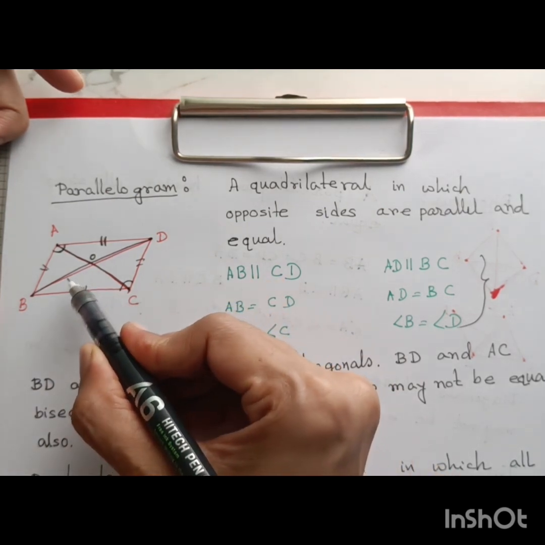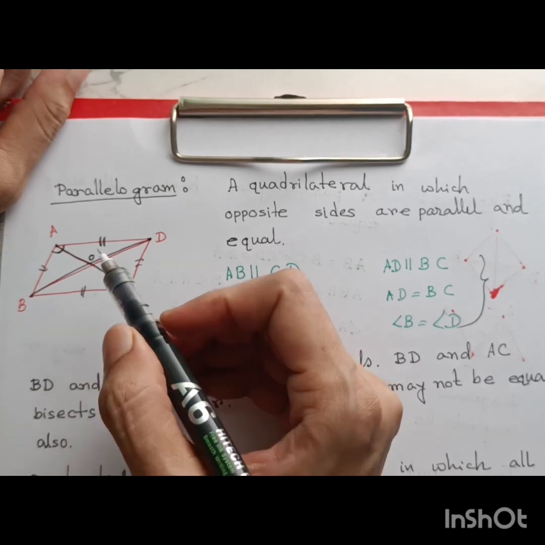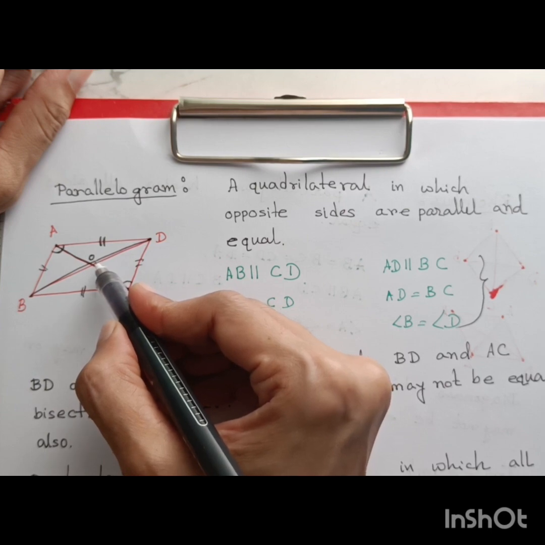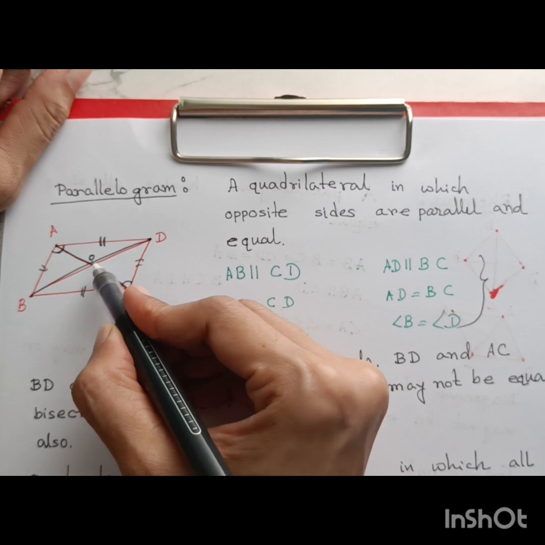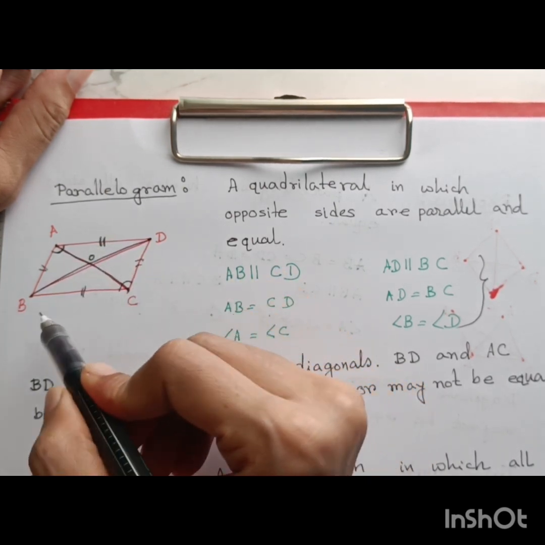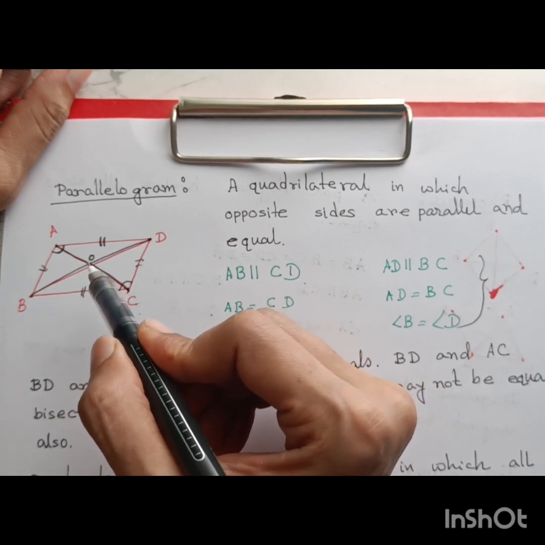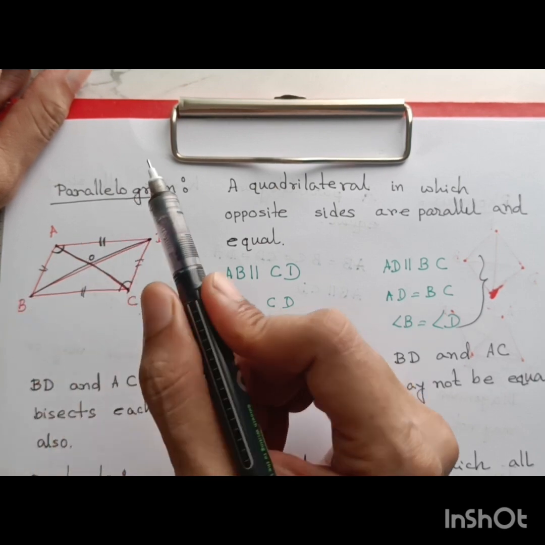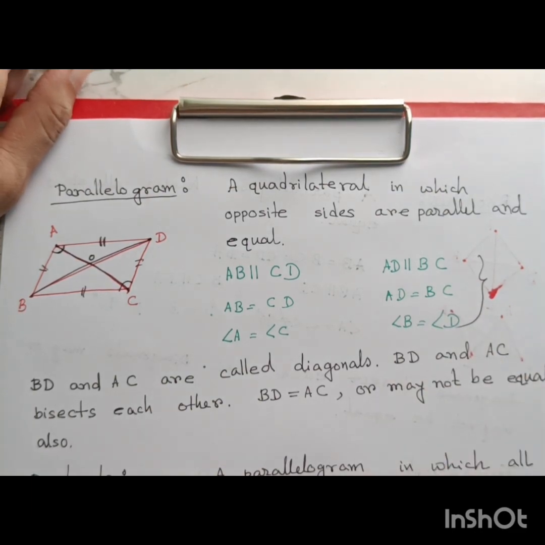Bisection means two lines cut each other into equal portions, that is AO equal to OC, alternatively BO equal to OD, but not always AC equal to BD. That means in the case of parallelogram, the diagonals may or may not be equal. Okay, these are the properties.